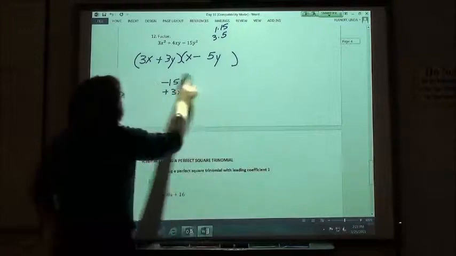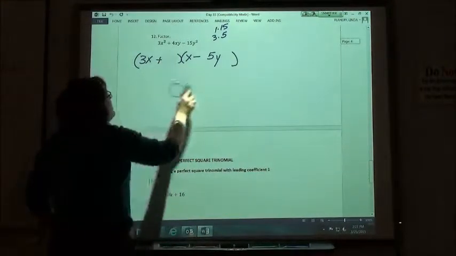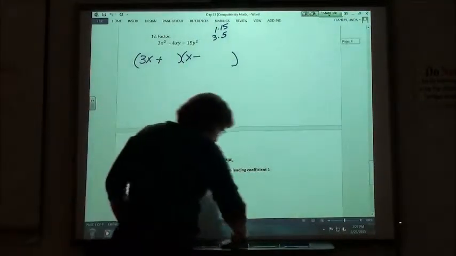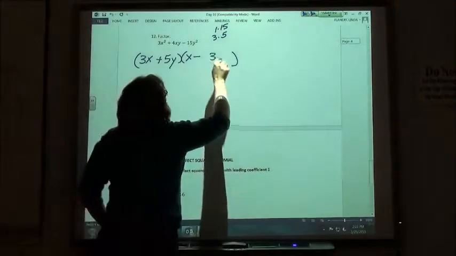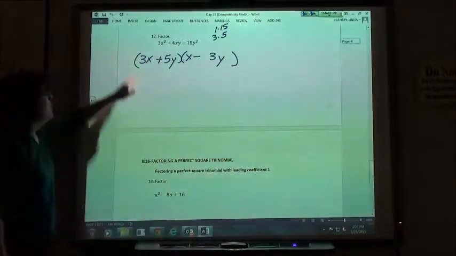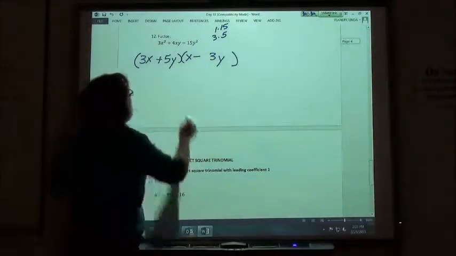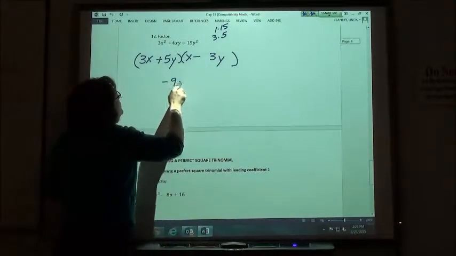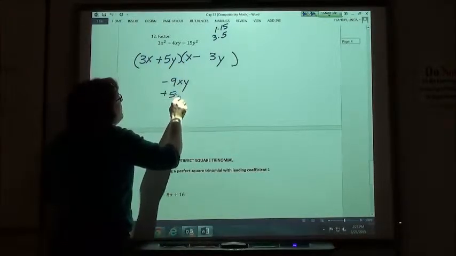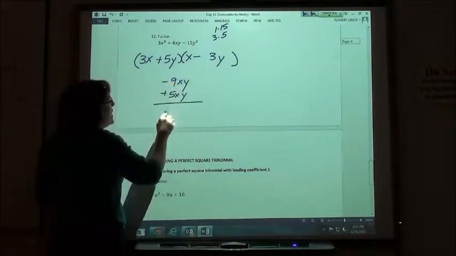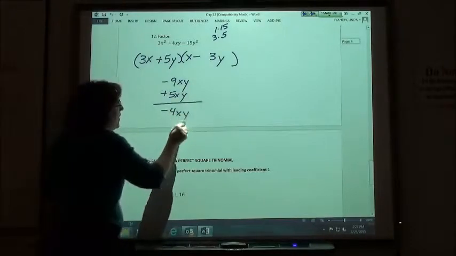And so I got to switch them around. So I'm going to put my 5 first and then my 3. So 5y and 3y. 3x times negative 3y is negative 9xy. 5y times x is a positive 5xy. If I add those, I get negative 4xy.